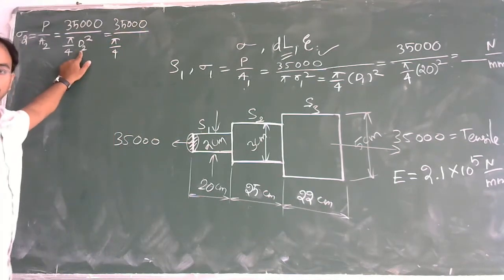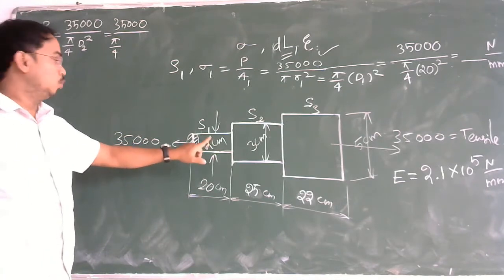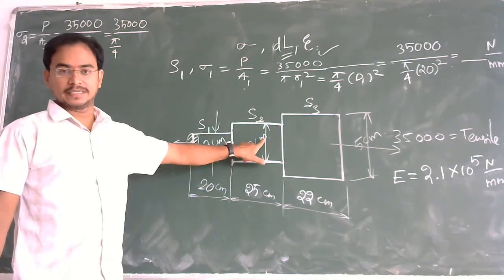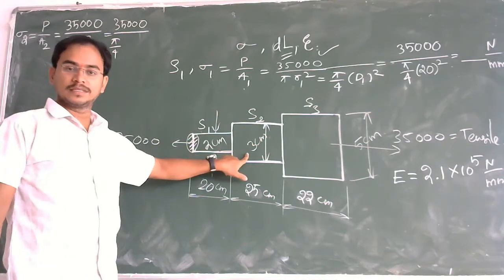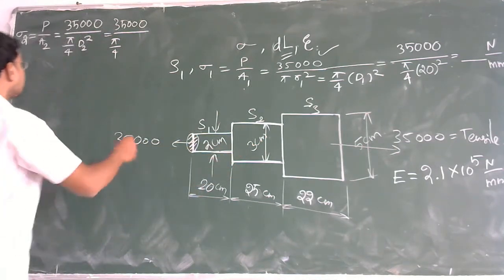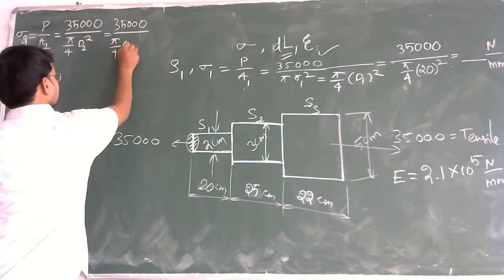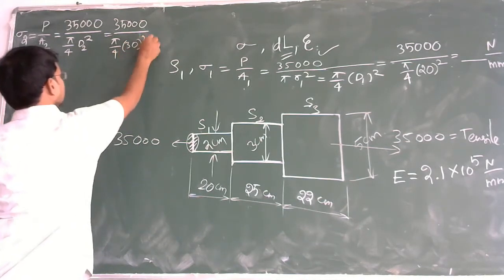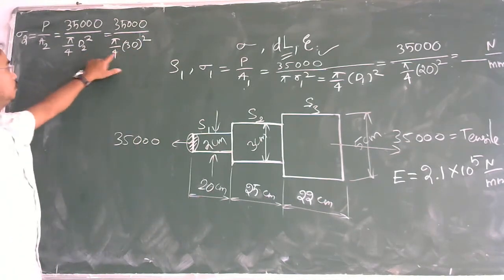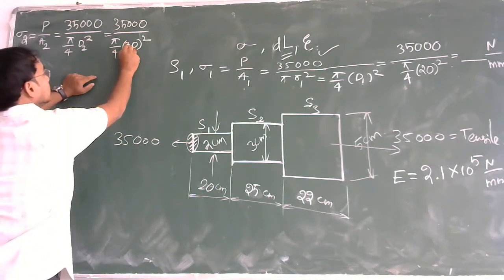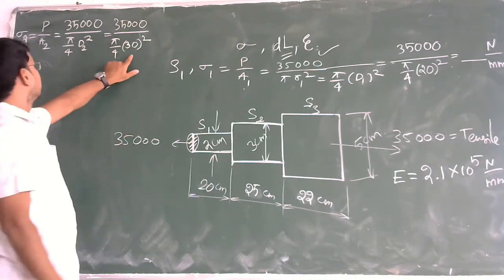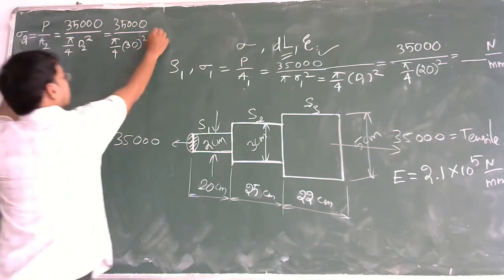What is d2? d2 is 3 centimeters, convert it into mm. Pi by 4 d square, 30 square. So this will become sigma 2.